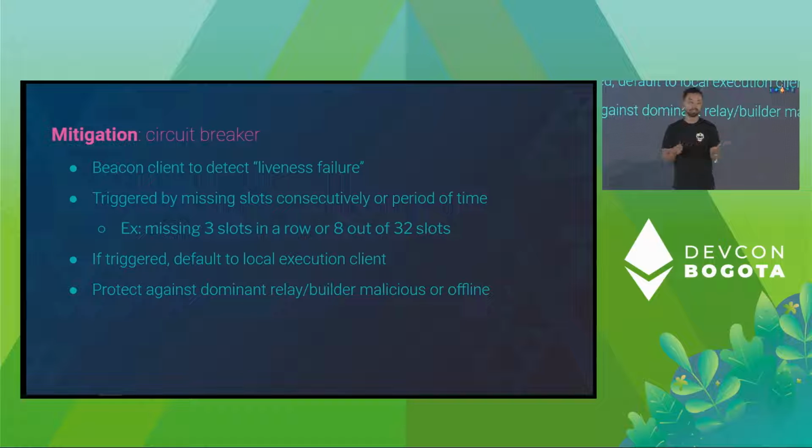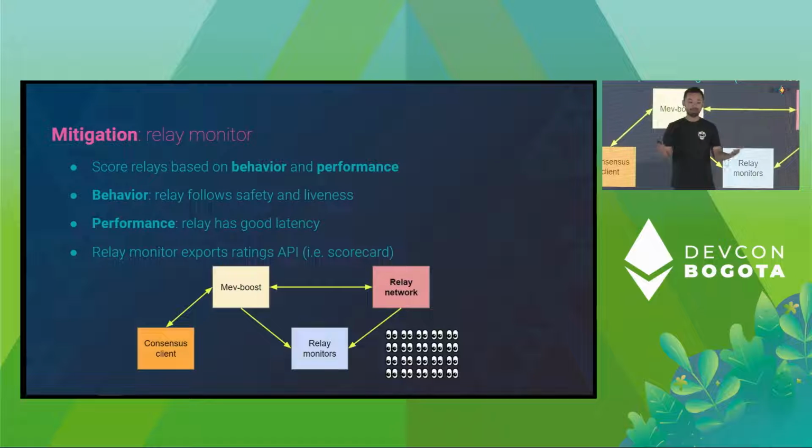And it doesn't solve cases like I mentioned before, just because those happen maybe 0.1% of the time, but this is a stronger defense. Then you have your relay monitor, for example, such that you can monitor relays based on performance, such as behavior, which is safety and liveness, and performance, which is latency.